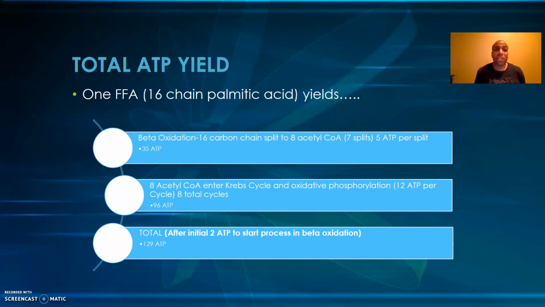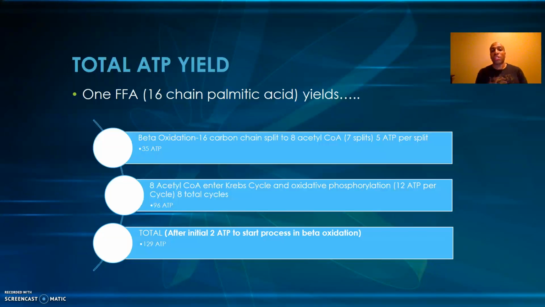All right, next we're going to be looking at the same process of looking at the ATP yield, but this time through our 16-chain palmitic acid. Through beta oxidation, this 16 carbon chain is split and it produces 35 ATP. And then what we have next is the acetyl coenzyme A that is created through beta oxidation, going through that Krebs cycle and the oxidative phosphorylation.